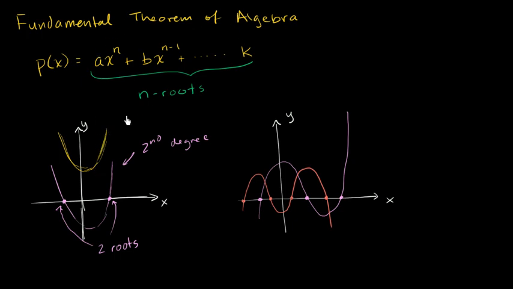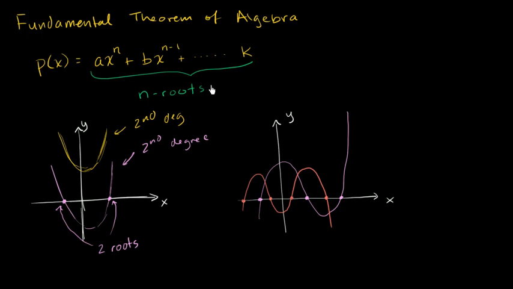The fundamental theorem of algebra says if we have a second degree polynomial, then we should have exactly 2 roots. Now this is the key. The fundamental theorem of algebra extends our number system. We're not just talking about real roots, we're talking about complex roots.